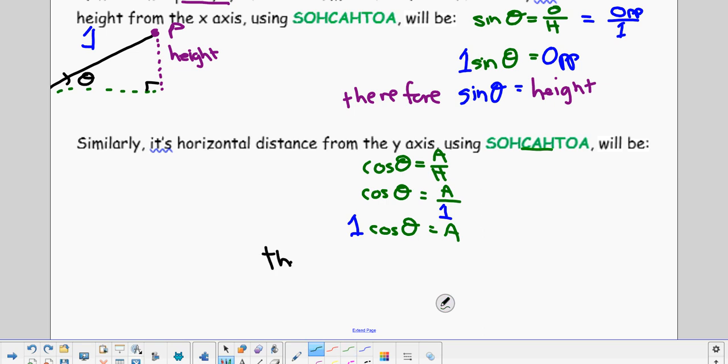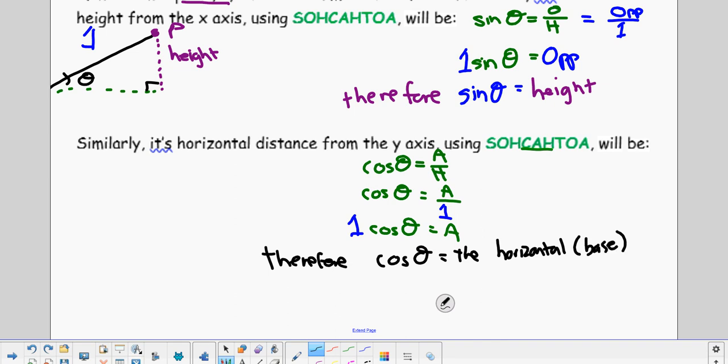So therefore, cos theta equals the base of the triangle, or the x-coordinate of point P. So the horizontal base.